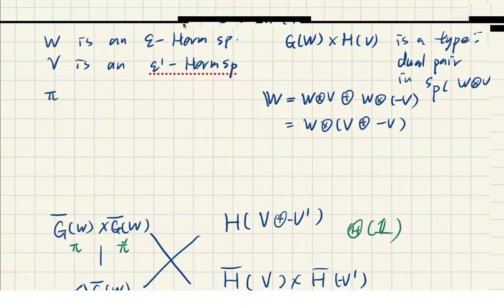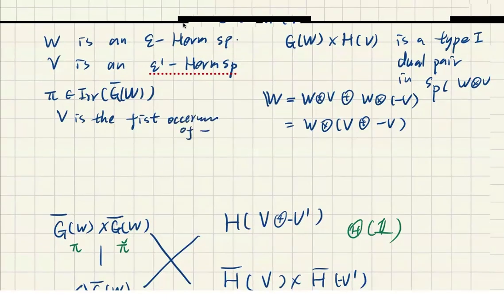So pi is an irreducible representation of G W, or maybe G bar W, and V is the first occurrence of pi in tower T, and V prime is the first occurrence of pi in T prime. Okay, so we consider this space.